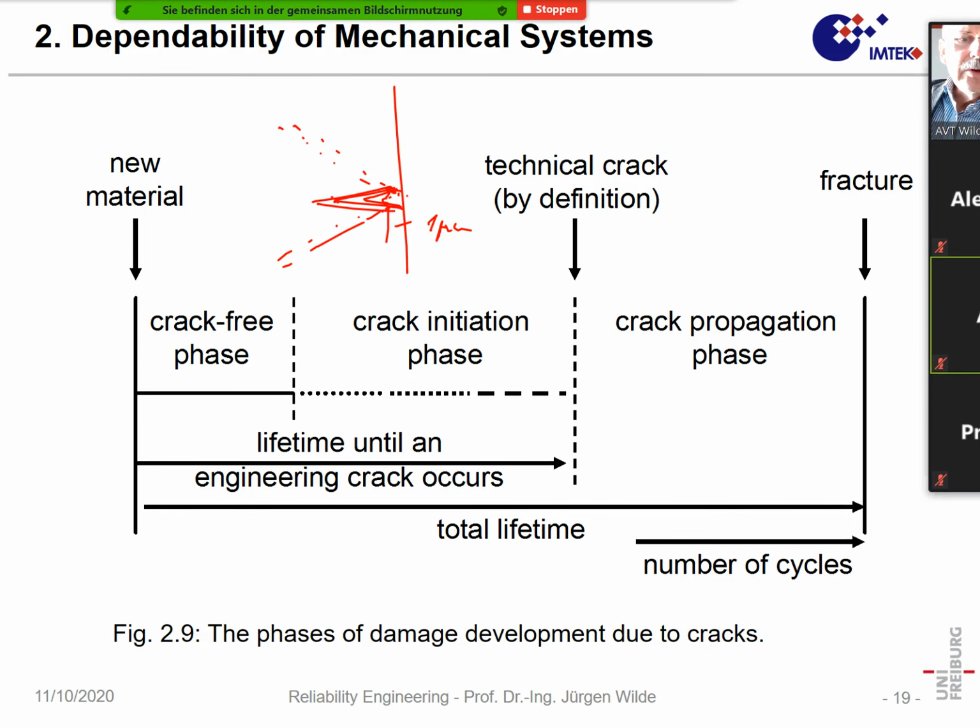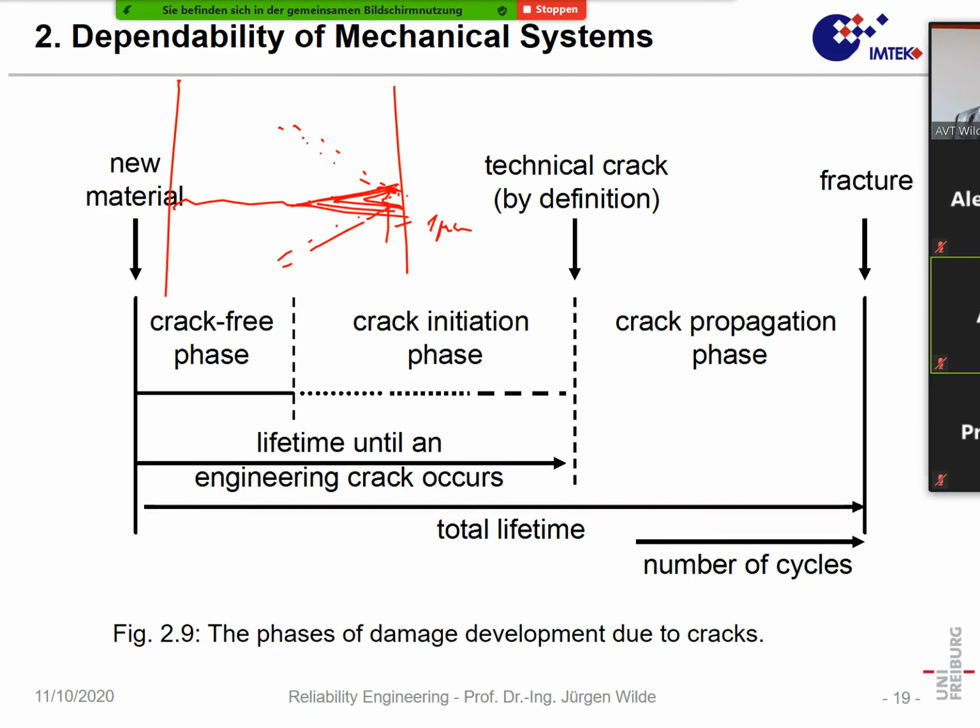It typically can grow always faster. And at some point, when it has gone through a significant part of the specimen, it will crack suddenly, and that is the fracture. So that means in the crack propagation phase, it is not necessary that the crack goes all through the part, but only until a critical limit is reached, and then it will fracture completely.